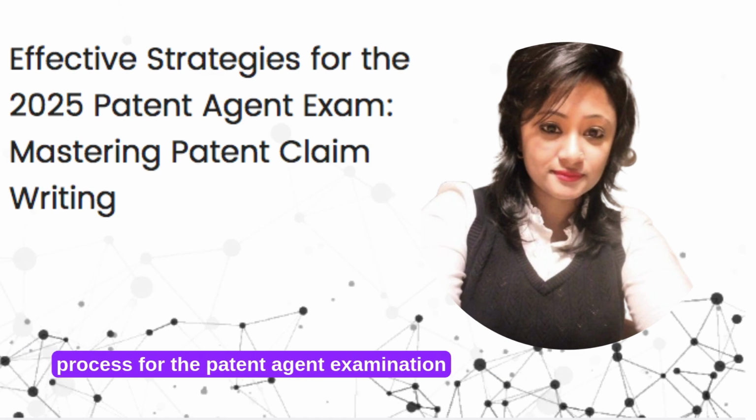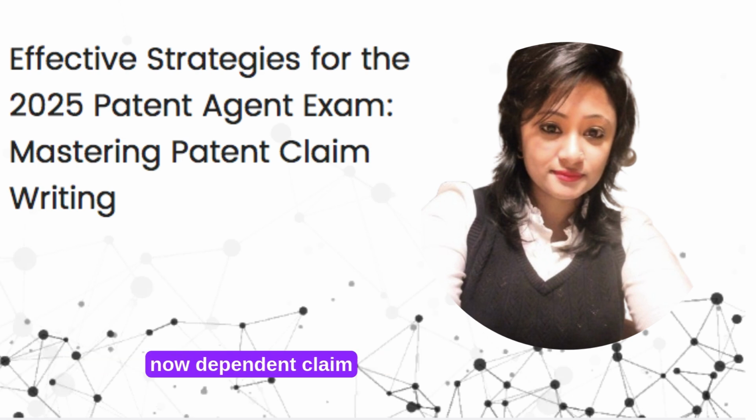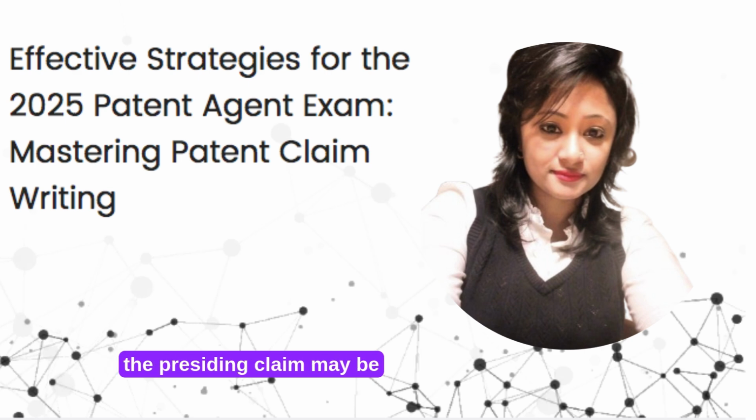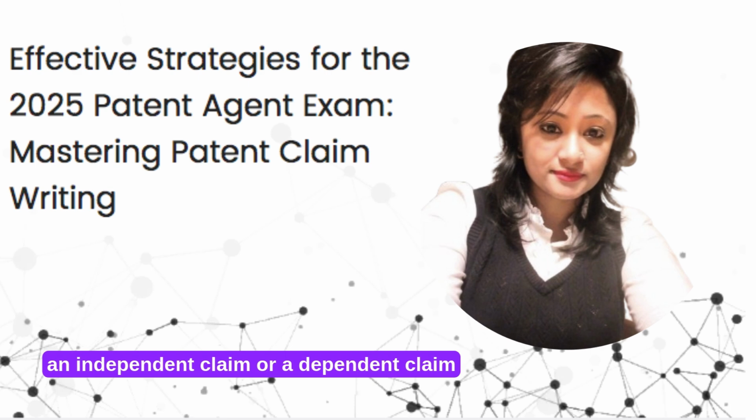Generally, in the patent agent examination, you just need to write 4 claims. So the only thing you need to understand is how to bifurcate what is important and what forms part of the dependent claim. Dependent claims are generally the claims which depend on the earlier or preceding claim, and the preceding claim may be an independent claim or a dependent claim.